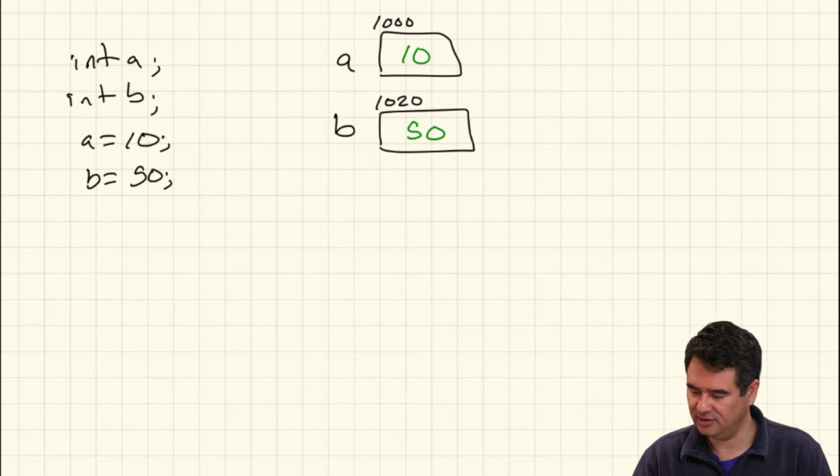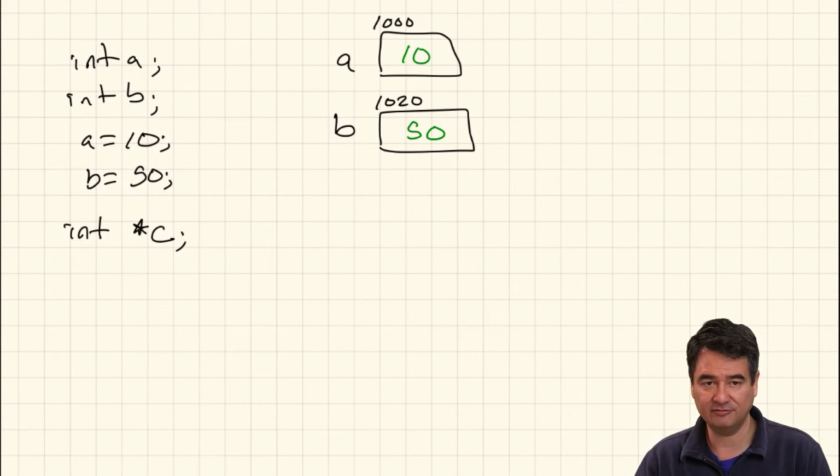And now we define a new variable called C, but instead of just leaving C by itself, we put a star in front of that.